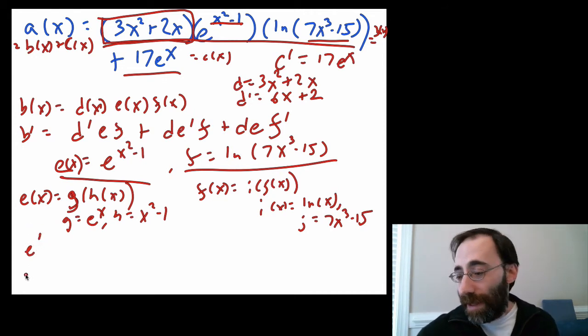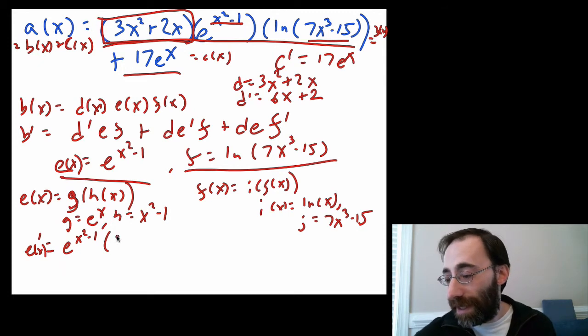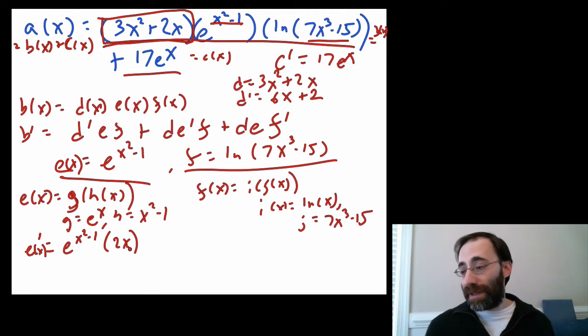So here, e prime is going to be e to the x squared minus 1 times, that's e to the x prime, just to make it clear that's not the constant e, times 2x. And this should look familiar. It's again the exponential back again, times the derivative of the thing in the exponential. That's what the chain rule always returns for exponentials.